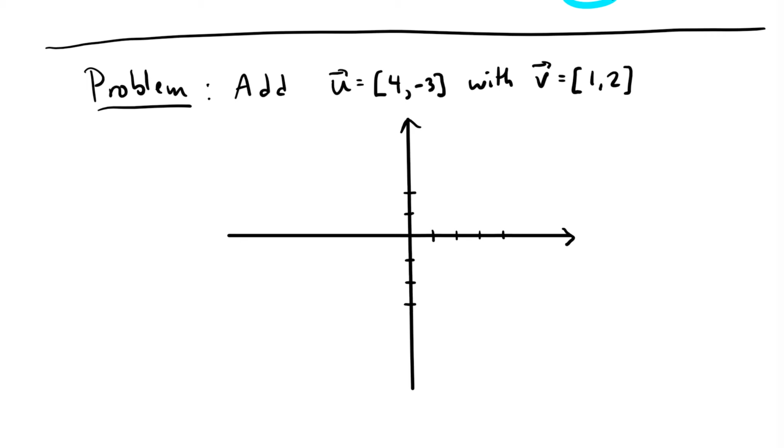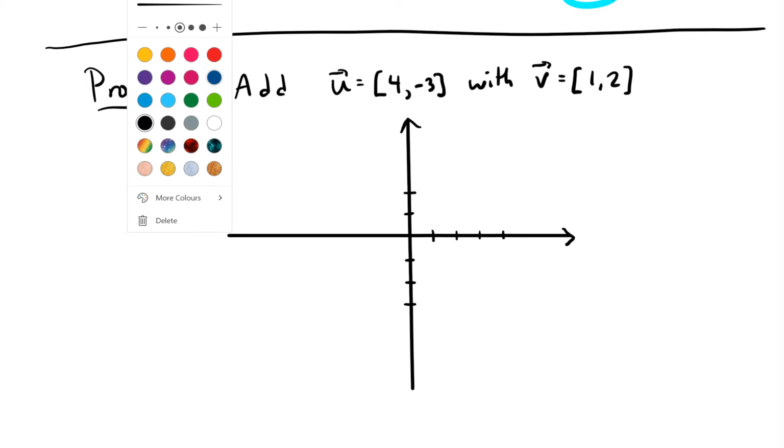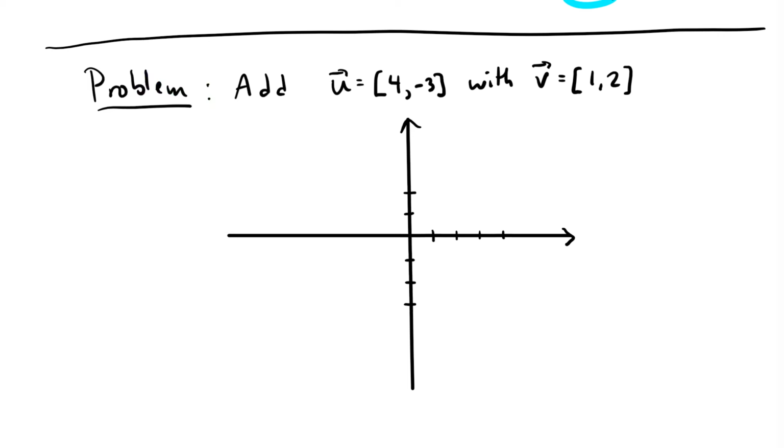So when we write down u in terms of its coordinates 4 and minus 3, we assume that when we draw it in the plane, it starts at the origin and ends at the point 4, minus 3. So maybe let me draw this vector, maybe using a different color. So this is the point 4, minus 3. So I can draw a vector starting at the origin, ending here, and that's vector u.